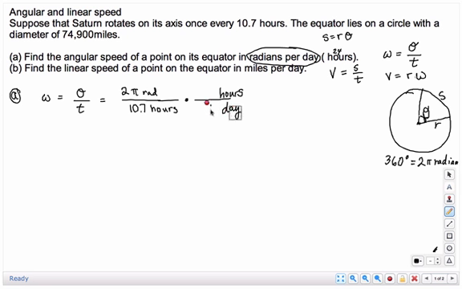I know one day is 24 hours, so that's my conversion fraction. If I multiply these together, the hours cancel out. So 2 pi times 24 is 48 pi over 10.7, and this is going to give me radians per day.